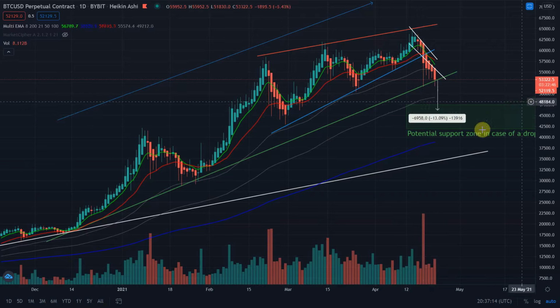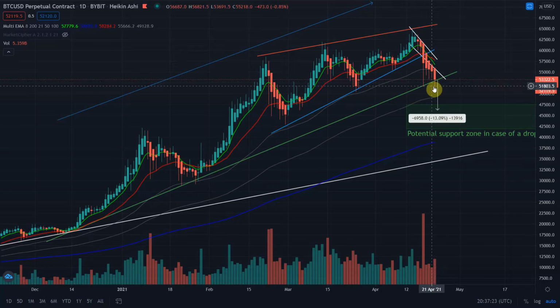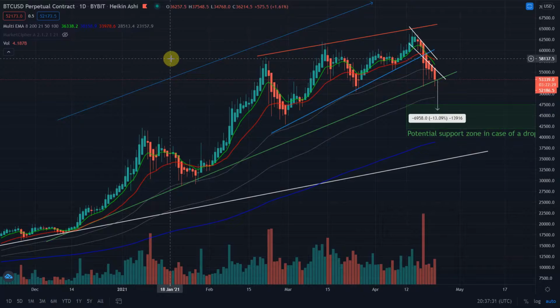I have drawn here a potential support. I will explain why. Does it make sense? Is this some kind of manipulation? I will explain these things, because as you may know, the fundamentals for Bitcoin are very strong. Tesla has invested, so many companies are investing, and given that we are still dropping, does it even make sense?